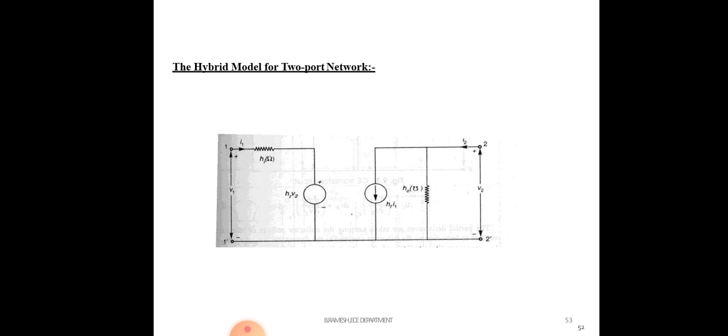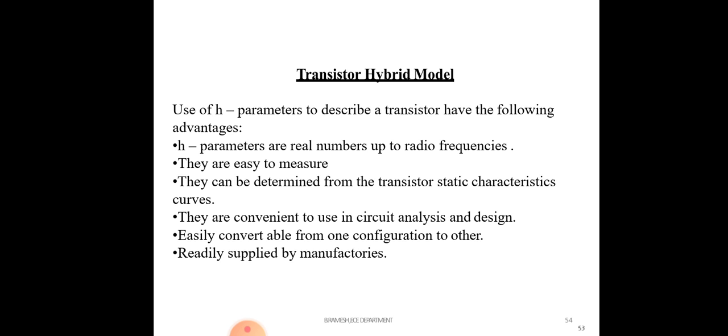So this is the hybrid model for a two-port network. What is the use of this h parameter model, and why do we use it for analyzing amplifier circuits? Manufacturers depend on these h parameter values.